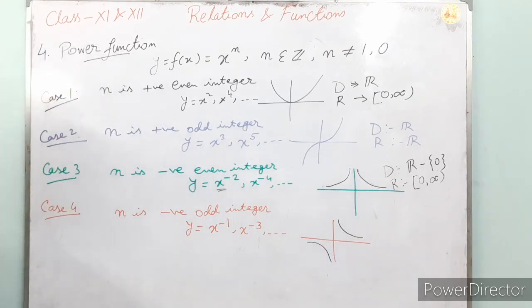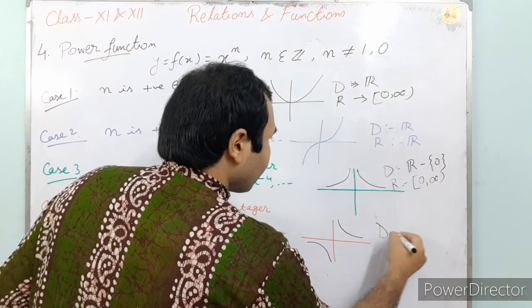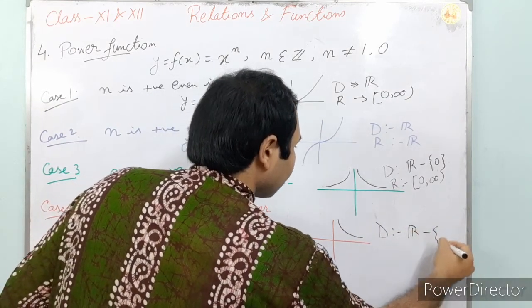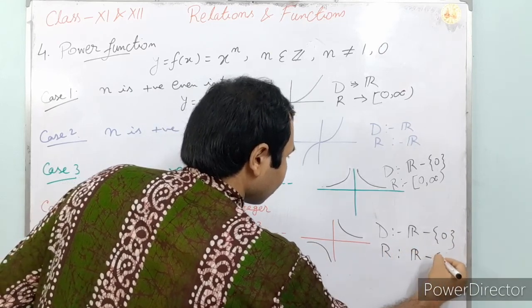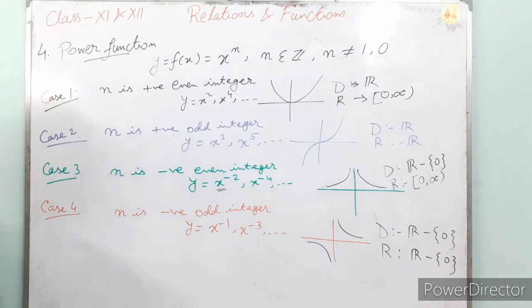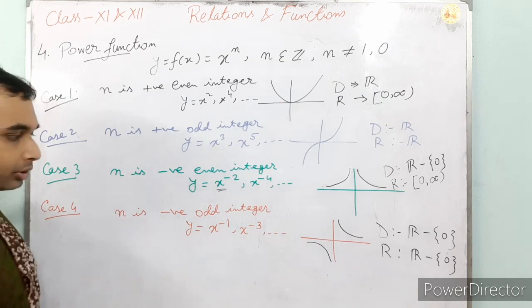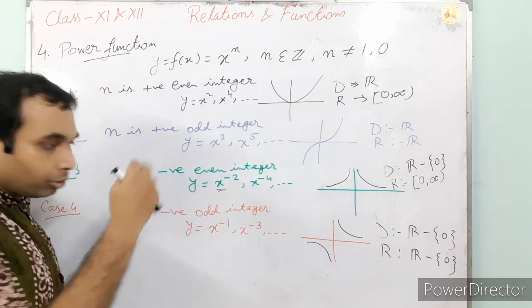Actually this is the hyperbola. So the domain and range are both the real number set minus the singleton 0. So those are also some important functions. You have to keep in mind the graphs and also the domain and range.